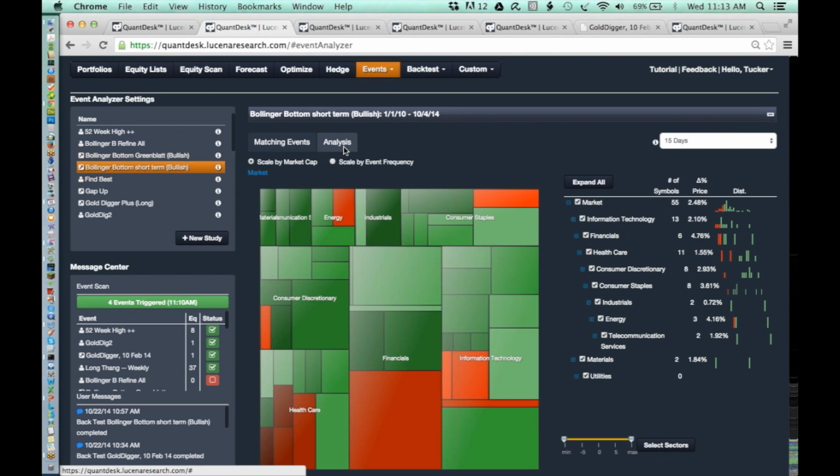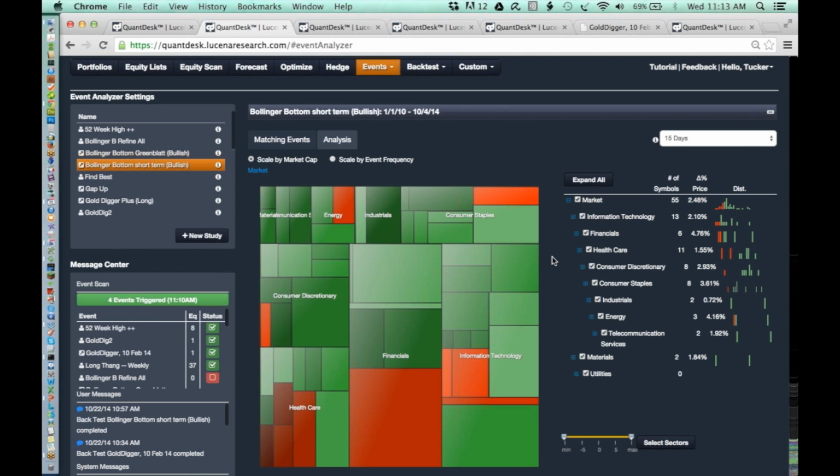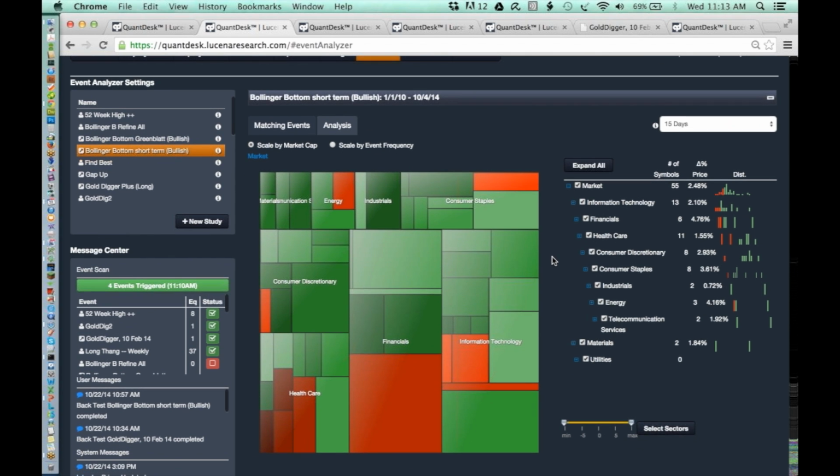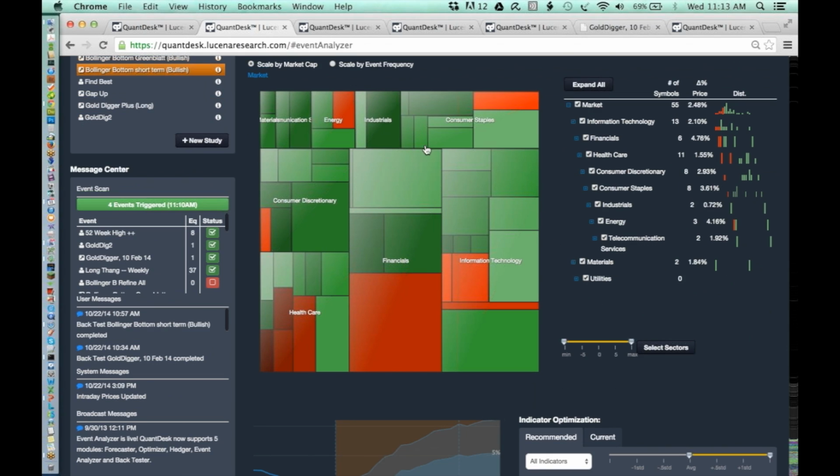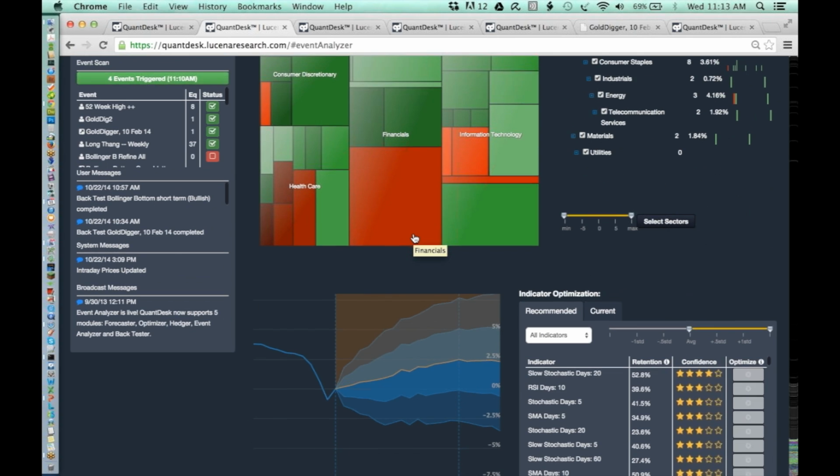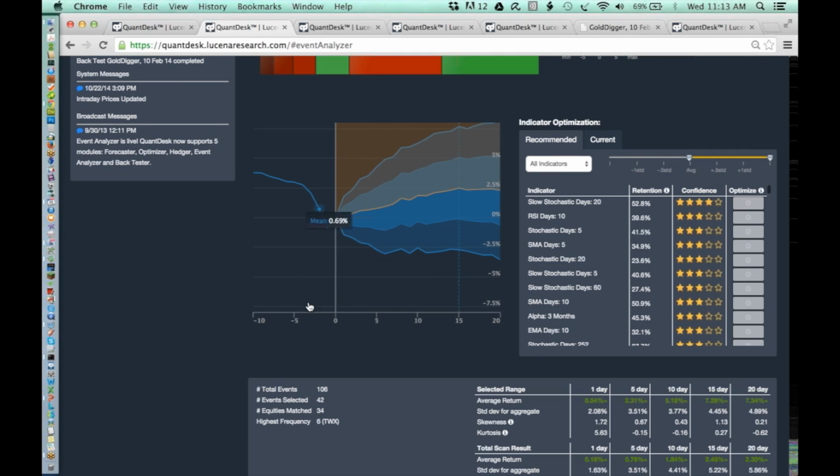Now we can assess all these events for individual stocks together. First here by a heat map showing how it's distributed across different sectors, but also here in this chart, which shows, again, if you remember that vertical line from the McKinley study, that's the date of the event.